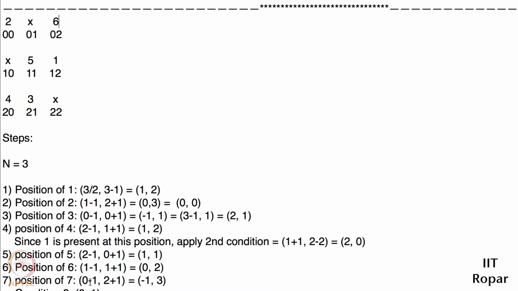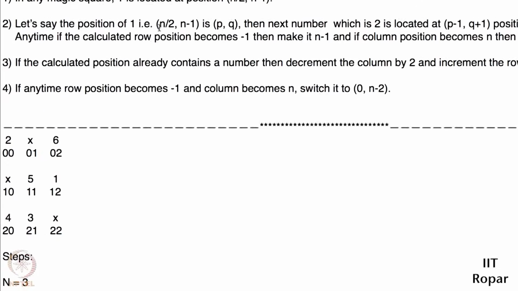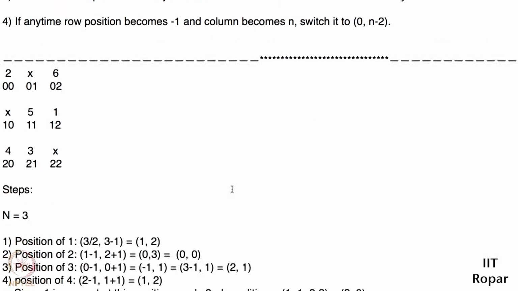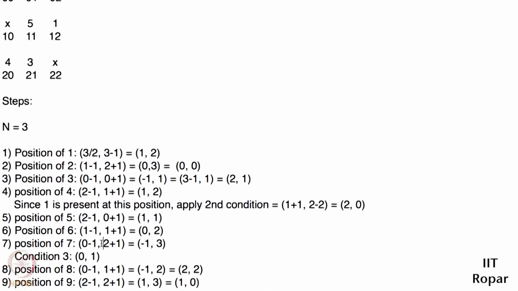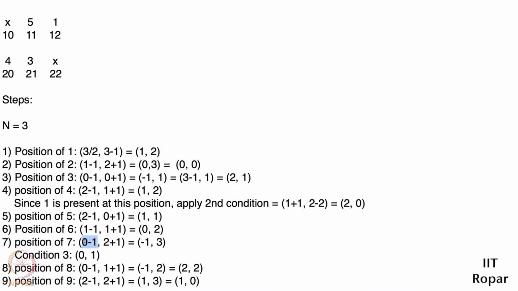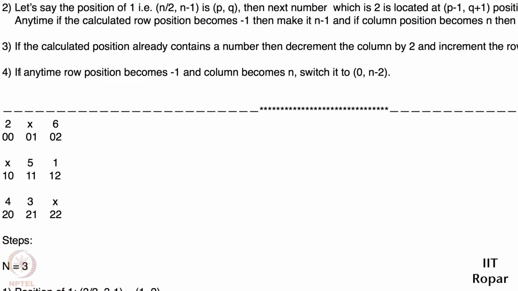Position of 7 becomes, what is 0 minus 1 and 2 plus 1. Now this is a little bit tricky. Whenever we see that 0 minus 1 is becoming minus 1, we'll use this condition: if the calculated row position becomes minus 1, then we'll make it n minus 1. We have to check both conditions here, that is, if the row position is becoming minus 1 and the column is becoming n, which is 3 here, then you have to follow the fourth condition.